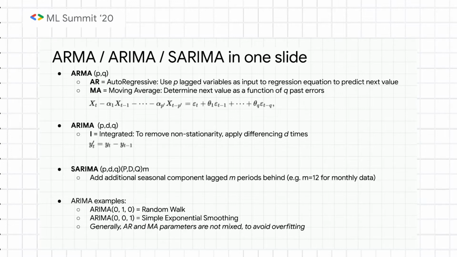And then the moving average is similar, except it's actually doing a different approach where it's looking at the error from the past and then adjusting based on what that error is. So kind of not directly using the past value, but using the error from the previous prediction and applying a coefficient to that. Okay, so this ARMA equation is combining both those together.